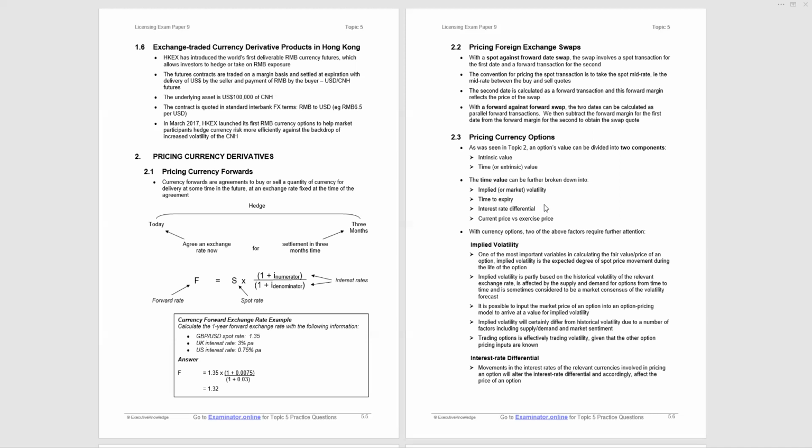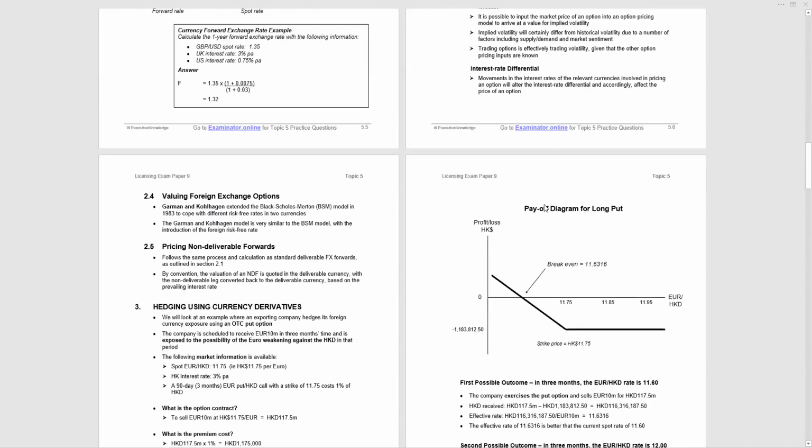Some people will put historical volatility, what has been observed, standard deviation of the price movements, into the formula to get an estimated option value. But with traded options, we've got the market value. So usually we calculate the implied volatility by working backwards. And the interest rate differential is the movement in the interest rates between the two countries, which will affect the price of the option.